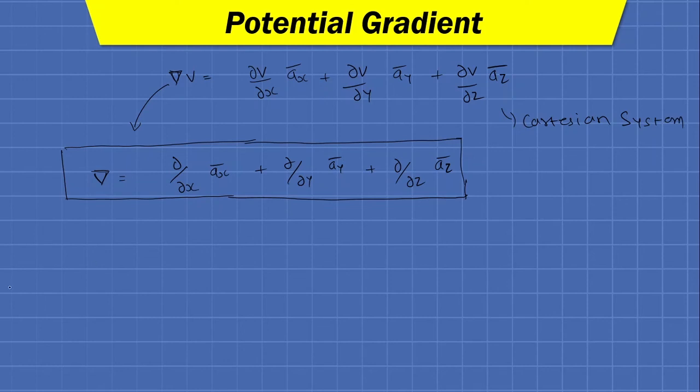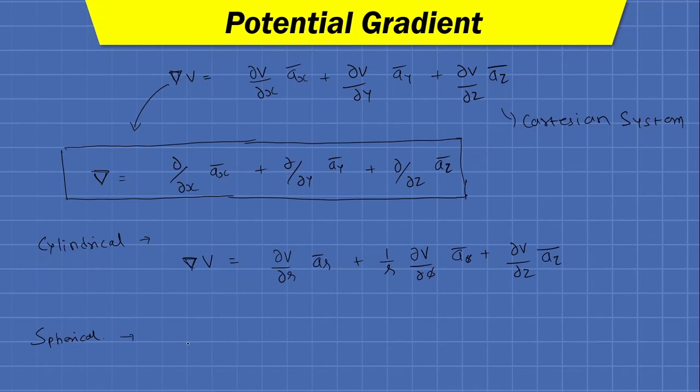Now another two coordinate systems of our interest are the cylindrical coordinate system and spherical coordinate system. So without any proof, I am just going to present the formula for how to calculate the gradient in cylindrical coordinate system. So potential gradient in cylindrical coordinate system can be calculated as del V by del r ar bar plus 1 upon r del V by del phi a phi bar plus del V by del z az bar.